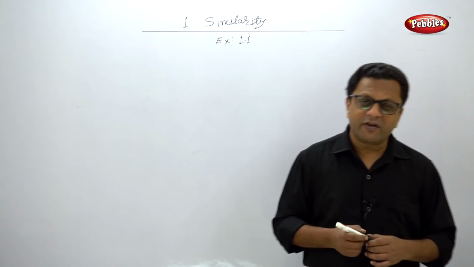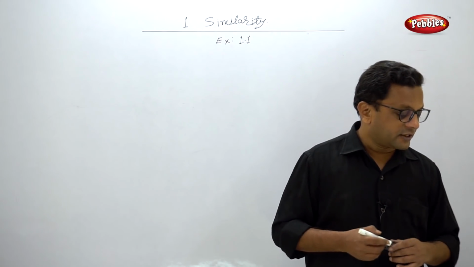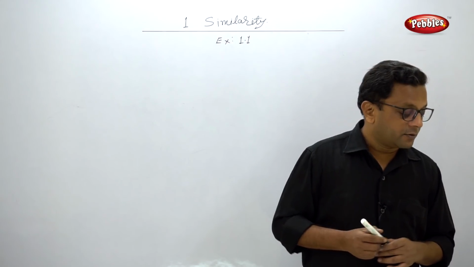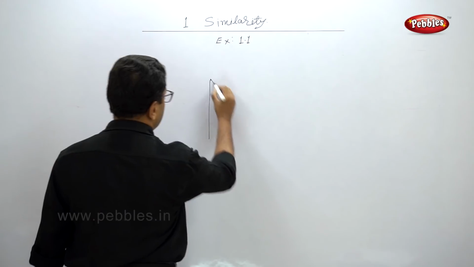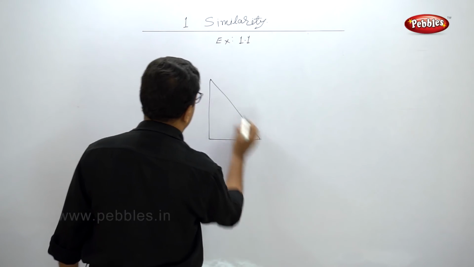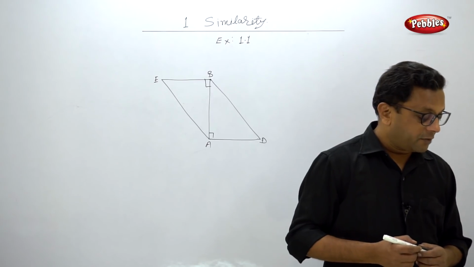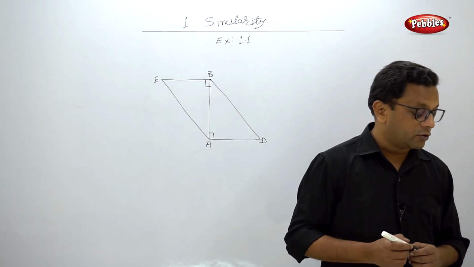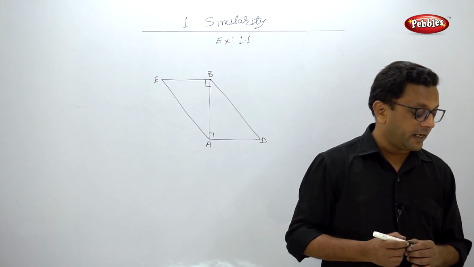Okay, so let us solve the first problem. 1.1 is very simple, but let us do it. The figure is given something like this. In the figure, segment BE is perpendicular to segment AB and segment BA is perpendicular to segment AD.